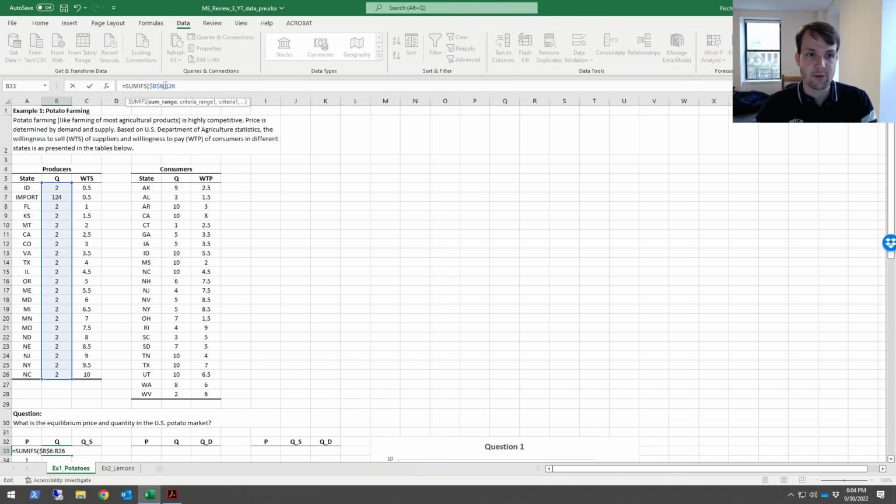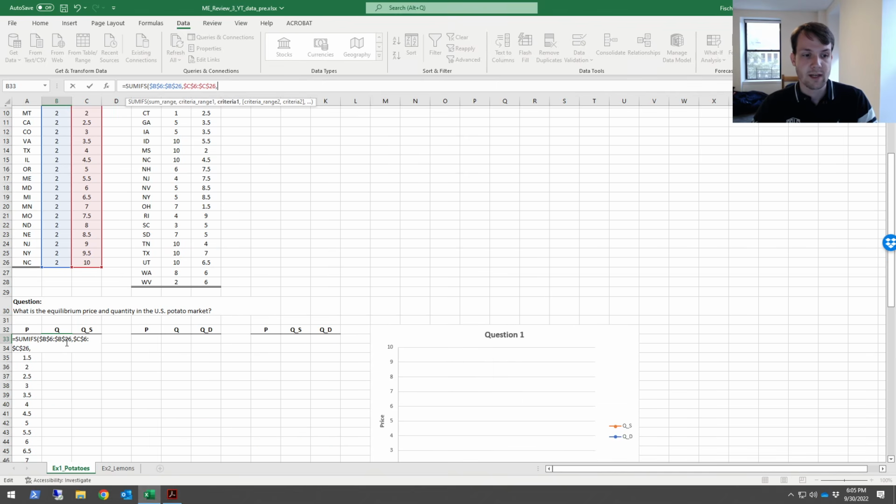We want to do this under a criterion, which is the willingness to sell. We're going to make sure this doesn't move when we drag down the formula in a second. And we want the willingness to sell for these people to be equal to this 0.5 in A33 here.